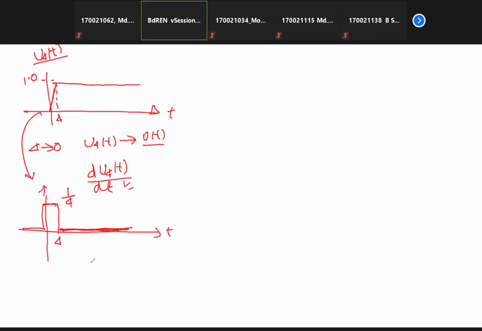When we are decreasing delta, then what effect will there be on this curve? Okay, if we enlarge this curve, something like this, this is your delta, this is 1 by delta, and this is the derivative. If we decrease delta towards 0, what will happen?